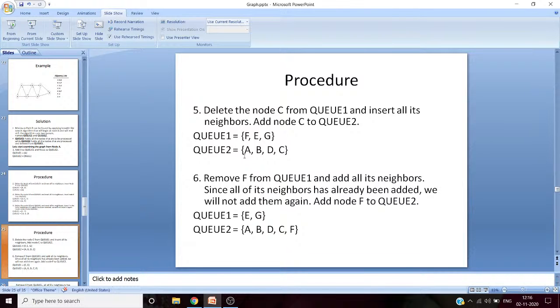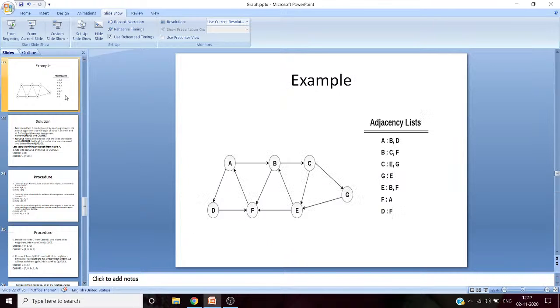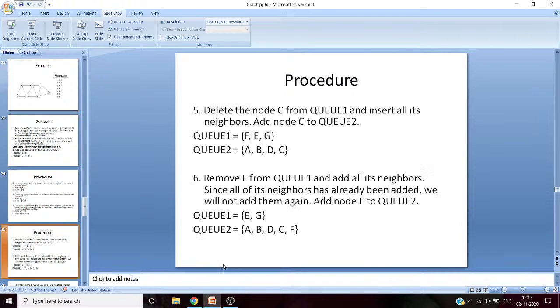I hope it's clear. So finally, E and G are there in Q1, and Q2 contains A, B, D, C, F. Next is E. E has the neighbors B and F. B and F are already processed, so we don't need to put them once more.